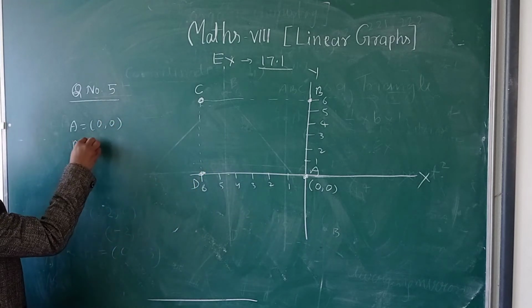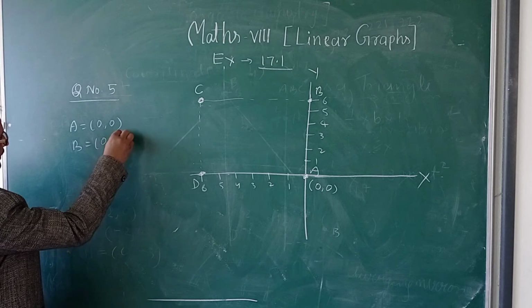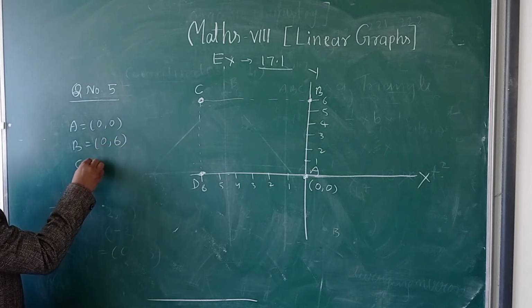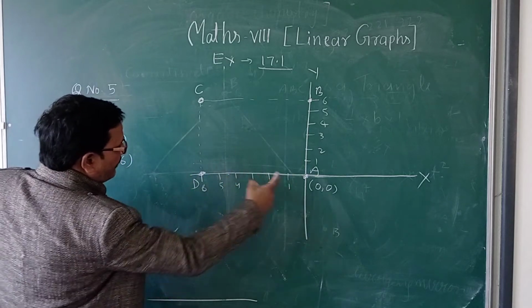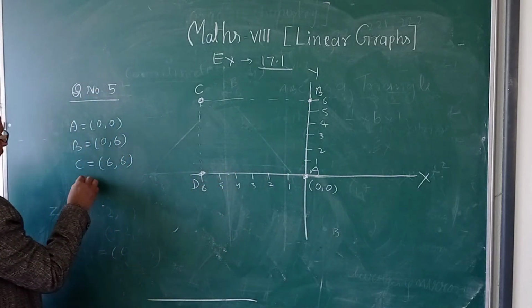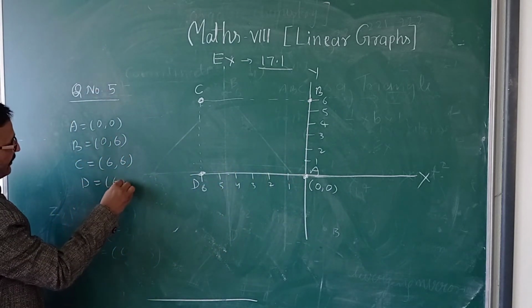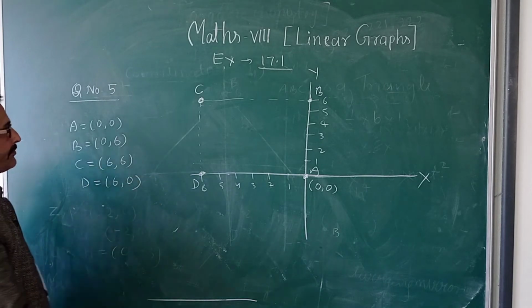B: x value 0, y value 6. C: x value 6, y value 6. D: x value 6, y value 0.